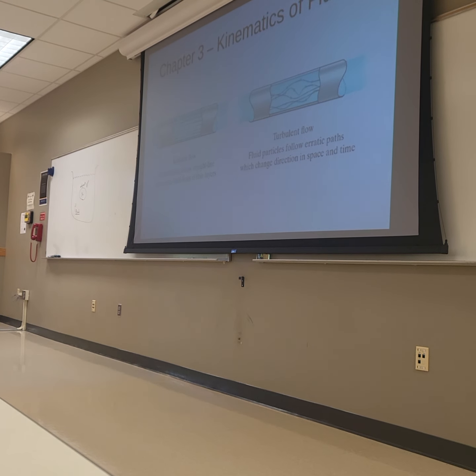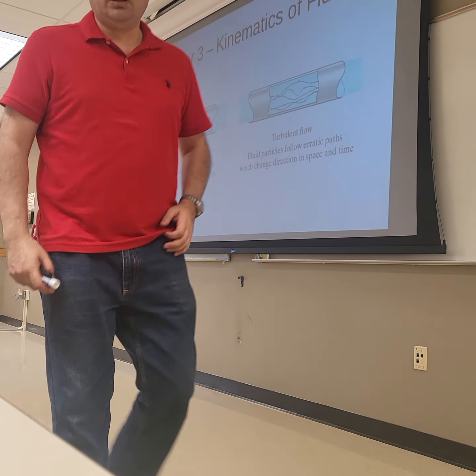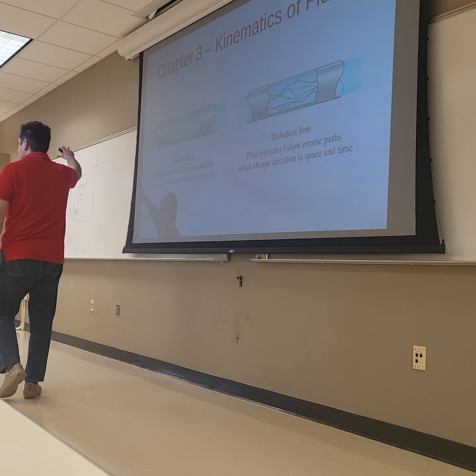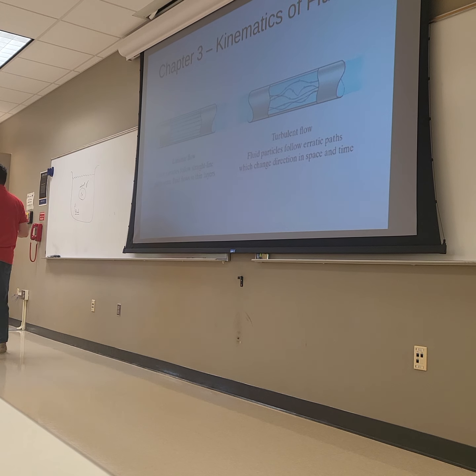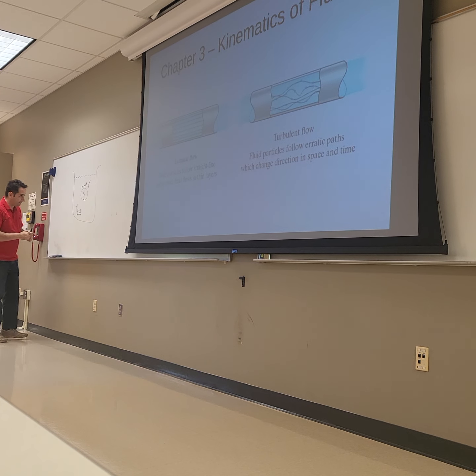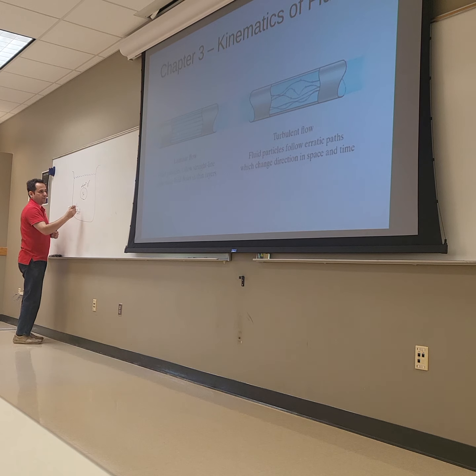So, before we go to chapter 3, I want to close chapter 2, the hydrostatics with the buoyancy. If you have an object that is fully submerged, like a cylinder with a basket, the law of buoyancy says that there is going to be a force coming from this fluid acting on the object.